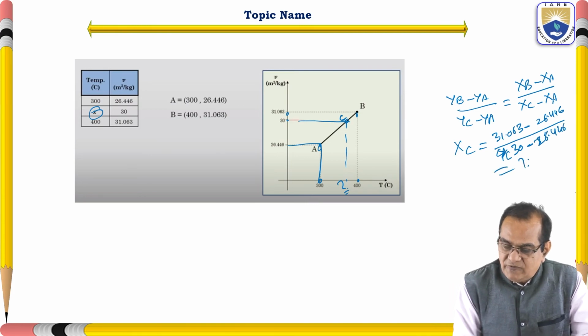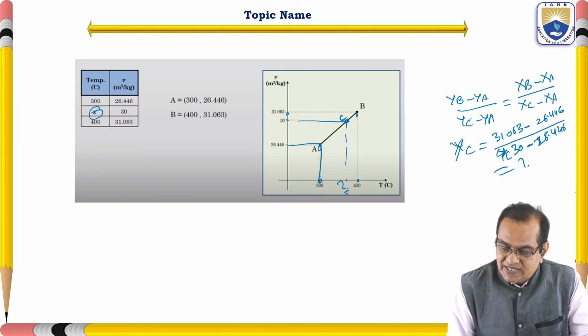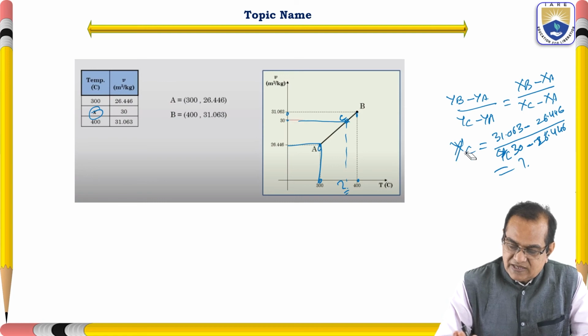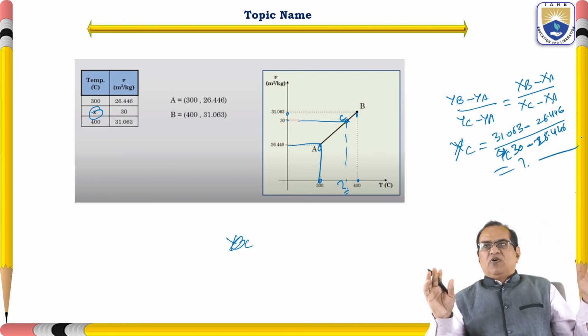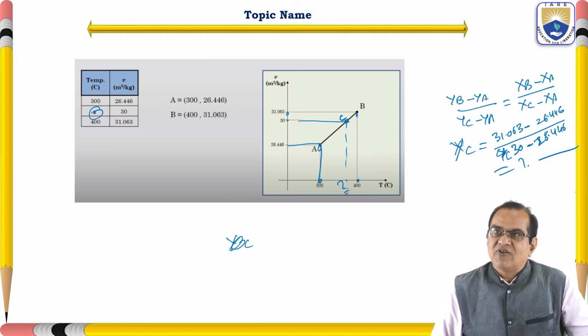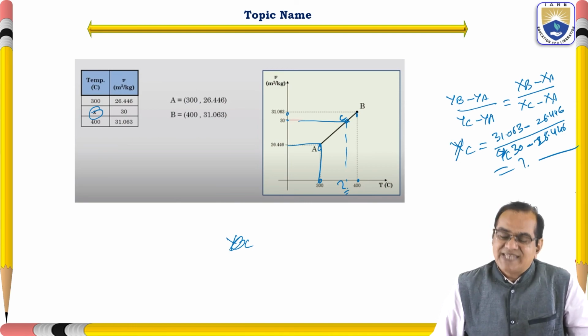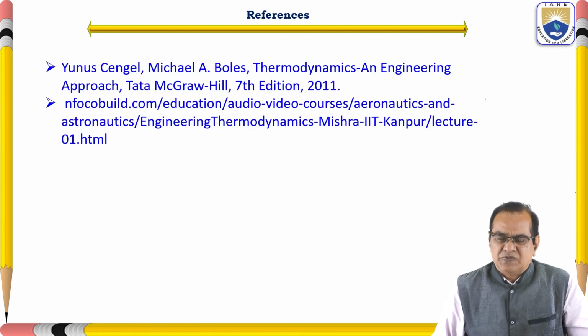So you will get some value for YC, and if you want to find XC, you put the values here and you will get it. In this way we can calculate the exact amount in that system.